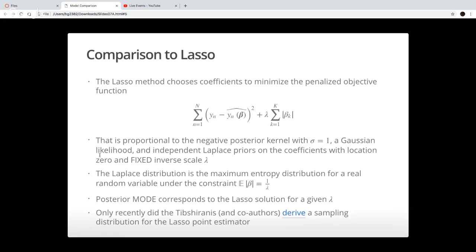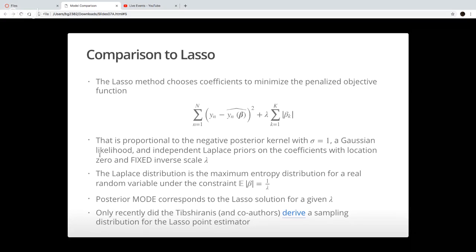This might be a little bit easier to see in the context of the most common, at least a few years ago, supervised learning method, lasso, which is going to minimize the sum of squared residuals plus this lambda term multiplied by the sum of the absolute values of the coefficients.